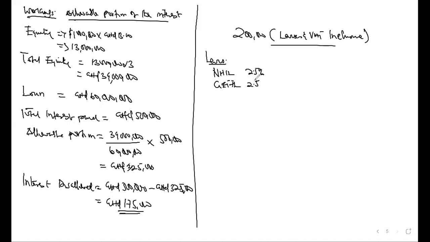The rate is 2.5%. You have the COVID-19 levy. The rate is 1%. So the total levies are 6%. Then the VAT itself is 15%. The VAT will be charged on the taxable amount, which is the levies inclusive amount.